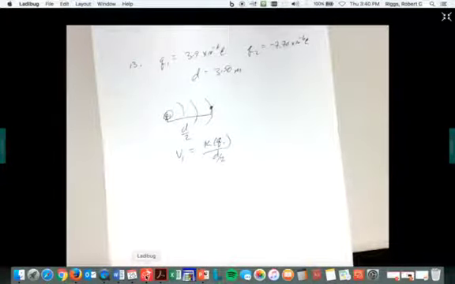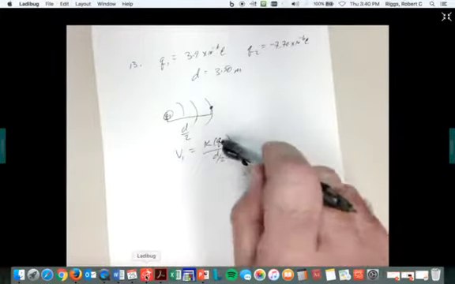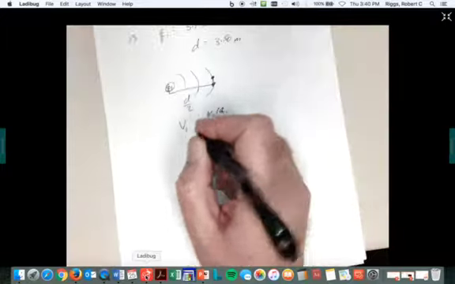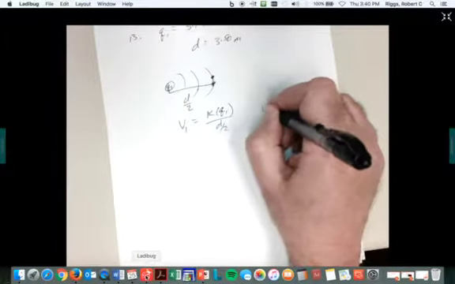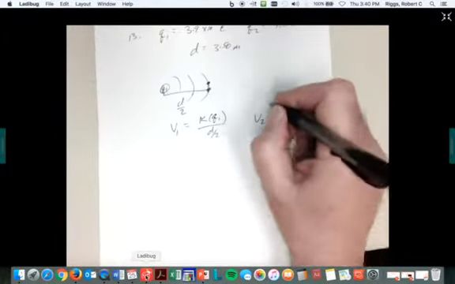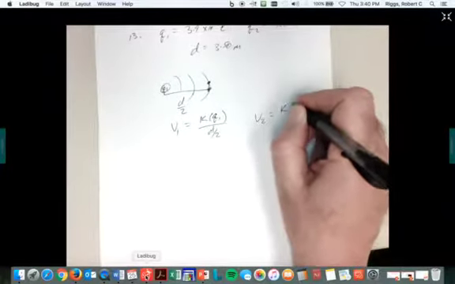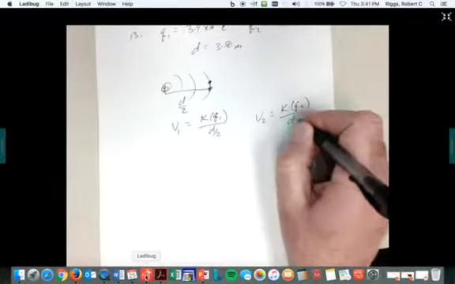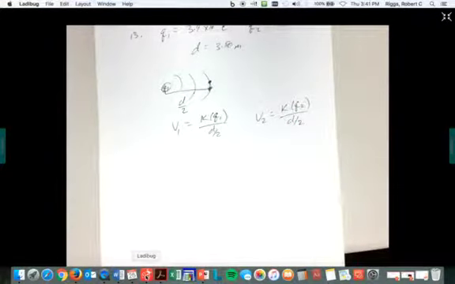Okay, that's its potential. Keep the sign of the charge. And so that's V1. V2 at that point will be K times Q2 divided by d over 2.